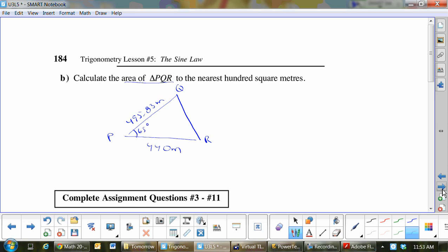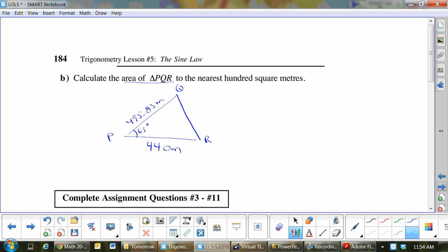The question is, find the area. Now, you may remember even from the exam, 440 or 495.83.